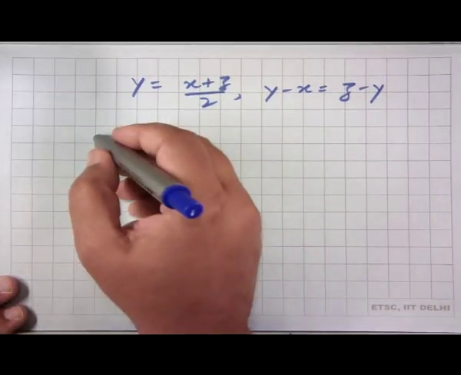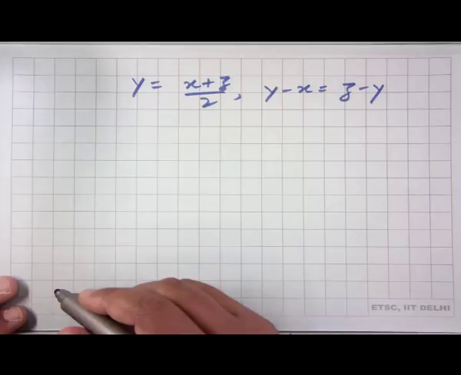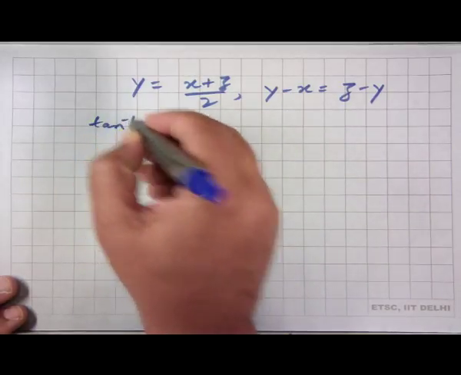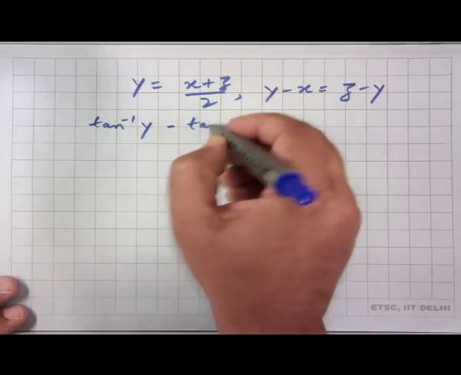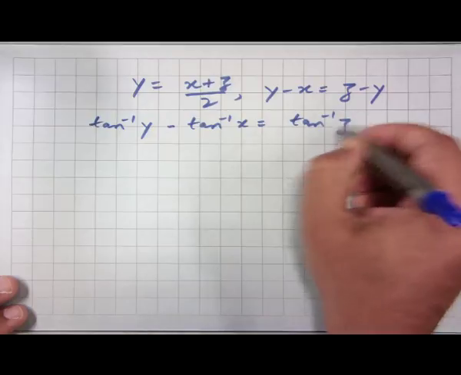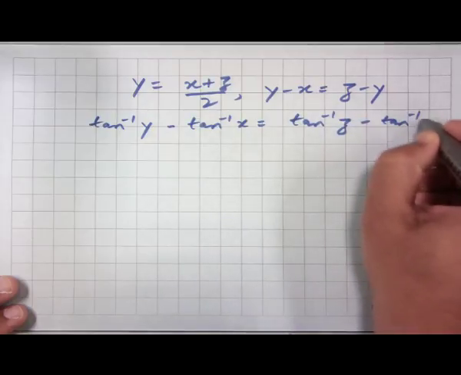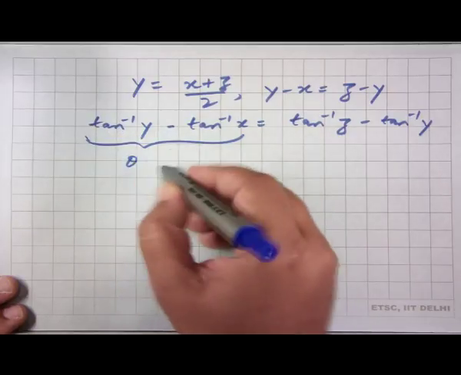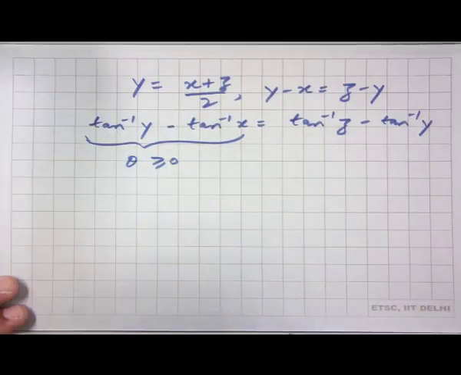Now, tan inverse x, tan inverse y and tan inverse z are also in arithmetic progression, and therefore that fact can also be written as tan inverse y minus tan inverse x is equal to tan inverse z minus tan inverse y. Let us denote this angle by theta. Let us say it is non-negative.